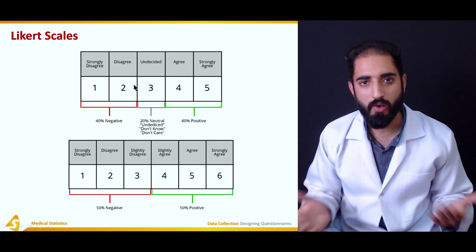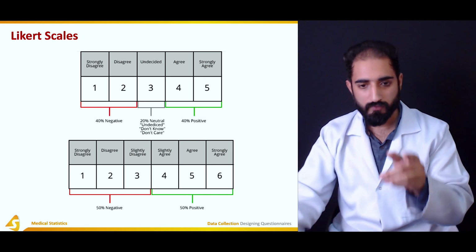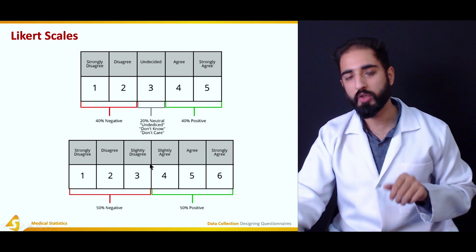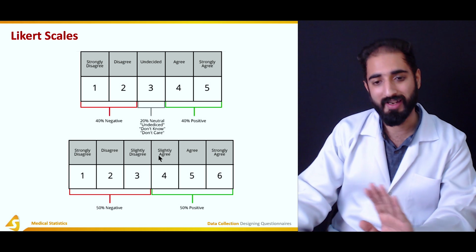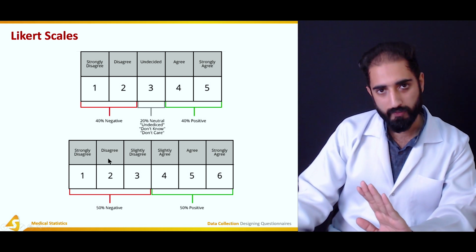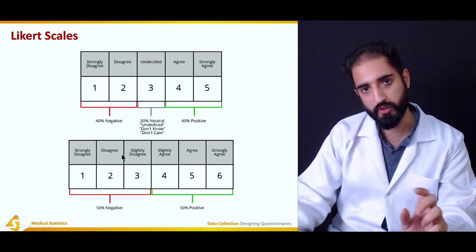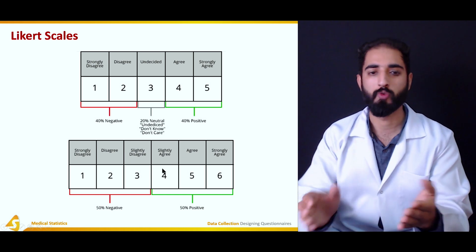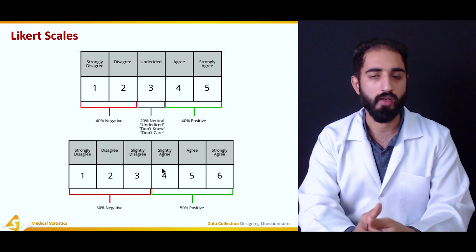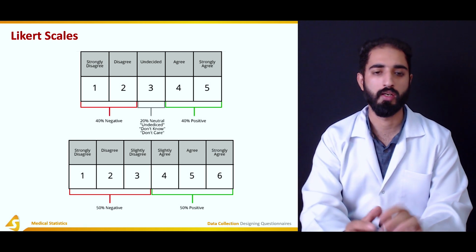This is called being symmetrical. Similarly, there is no neutral when there is an even number of responses, but still there is an equal number of choices on the disagreement side and the agreement side, which means it is a symmetrical type of question in a Likert scale.